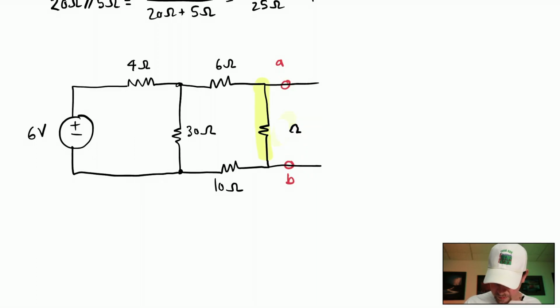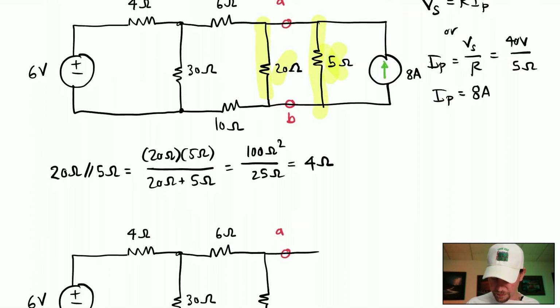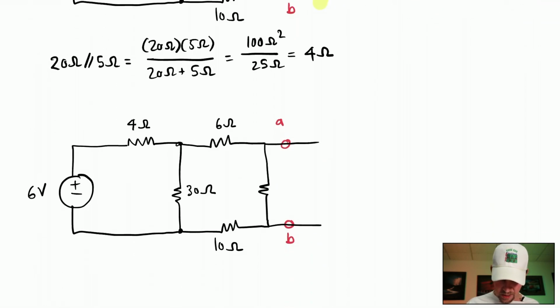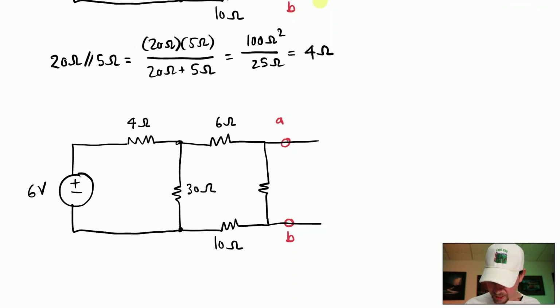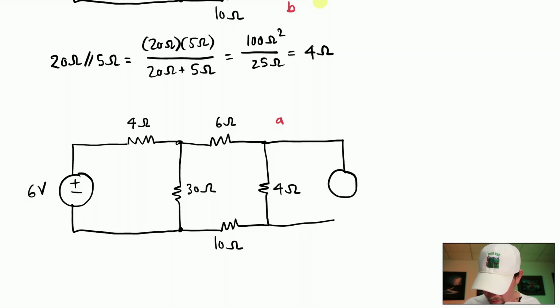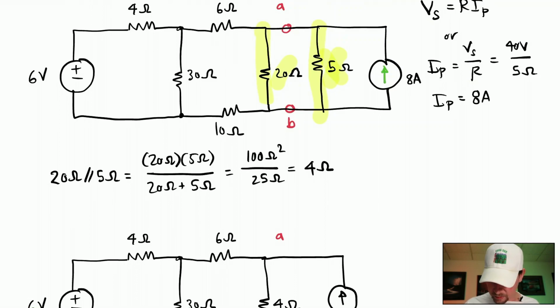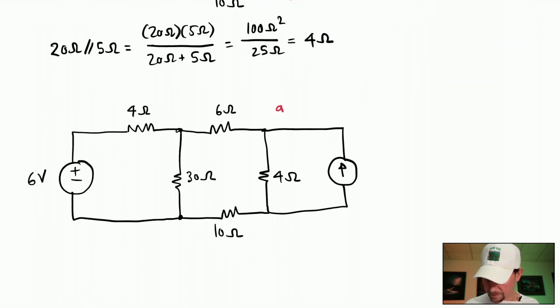So this resistor that we had right there with respect to the terminals A and B is now being replaced by a 4 ohm resistor. And the current source over here is now a current source that is providing us with a current of 8 amps. Whoops.